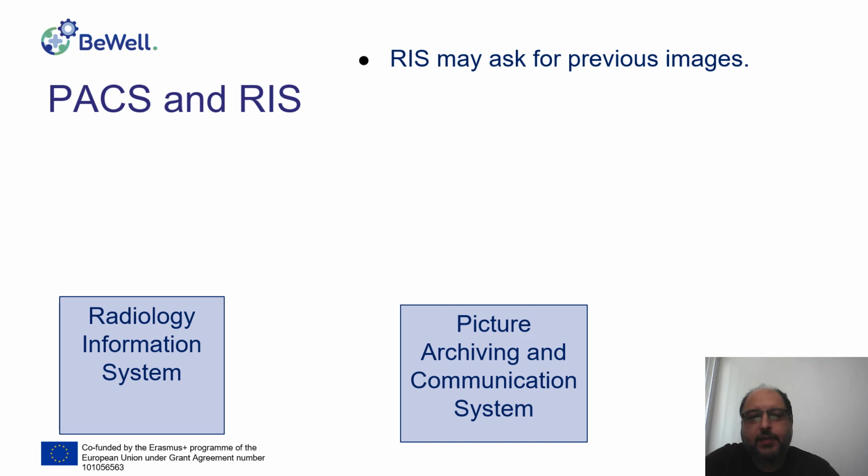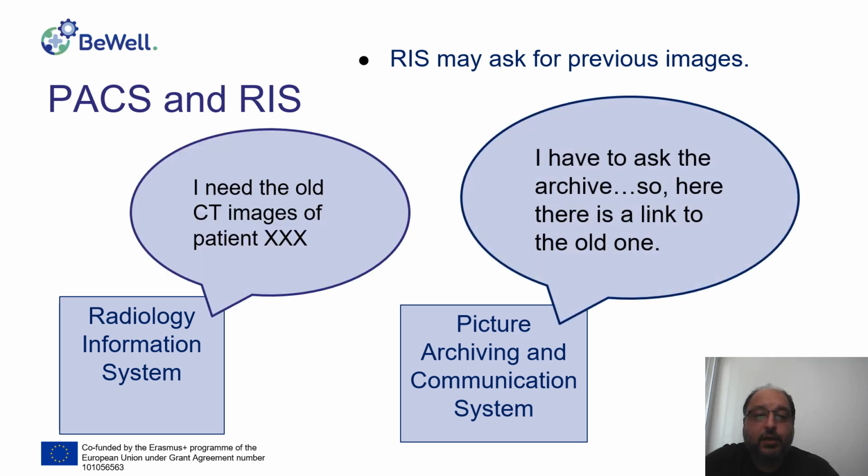Also, sometimes there are patients that have previous images, and the physician needs to check how the patient status is going, if the patient is getting better or worse, to compare this study with the previous study. So, for example, the radiology information system sends a message to the picture archiving and communication system that it needs the old images of the patient.